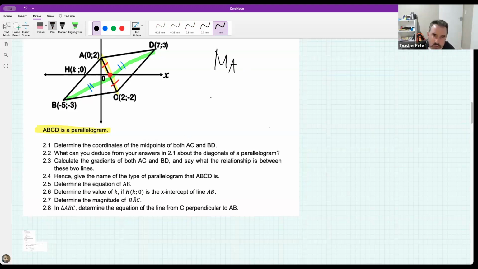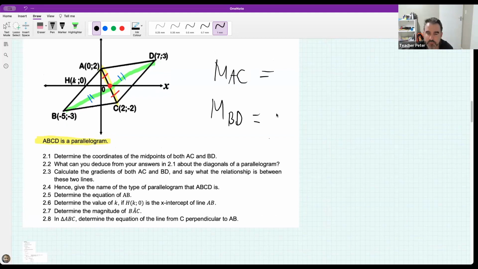So what is the gradient of AC? What is the gradient of BD? So 2, then 0.